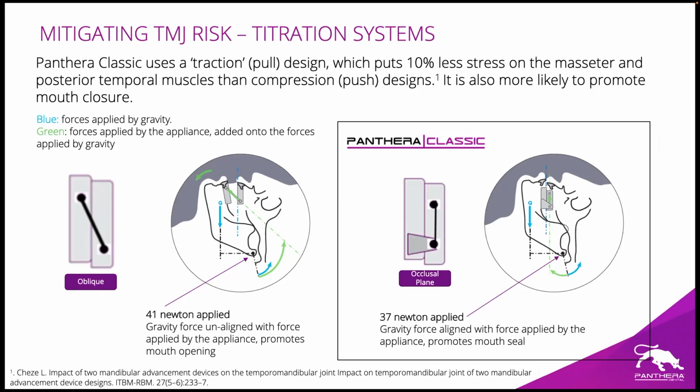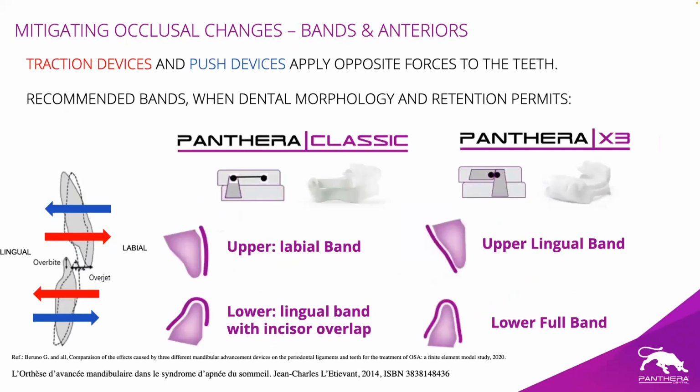So all these little nuances add up to an appliance that hopefully mitigates these side effects. And I know we talked about the differences, the X3, or all the dorsal fins, these kind of more push appliances have that decrease in overjet, and the traction devices, the pull devices, could potentially increase the overjet.